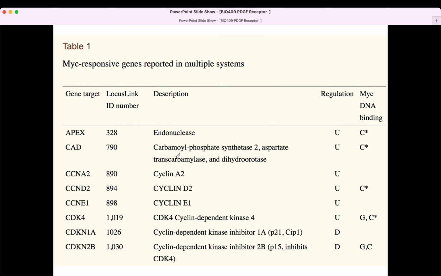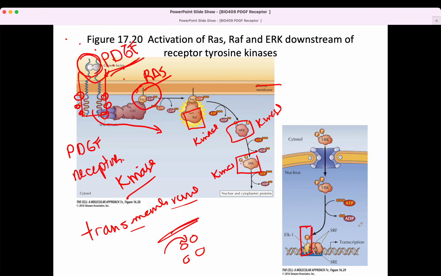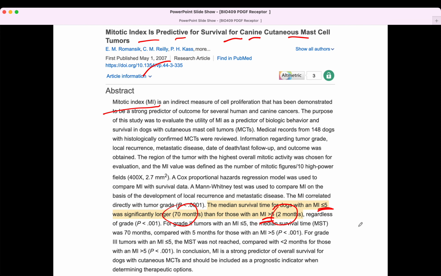MYC, and I think I have an example of this, so these are MYC target genes, and there are a bunch of them, and for us, our story in the skin is that it's going to include cyclin genes, and cyclin genes make cyclin protein, and cyclin protein is necessary in the cell cycle for start and to allow the cells to go through start.